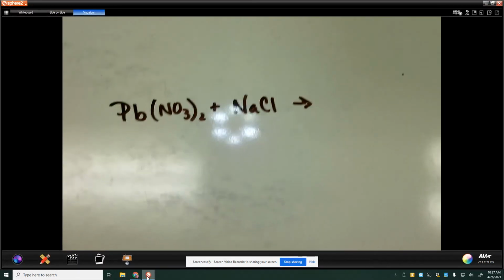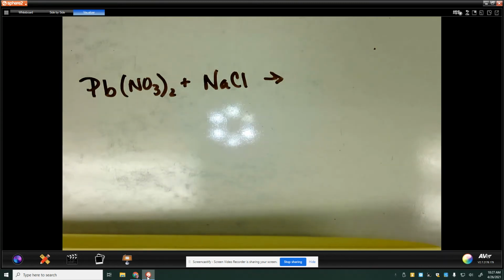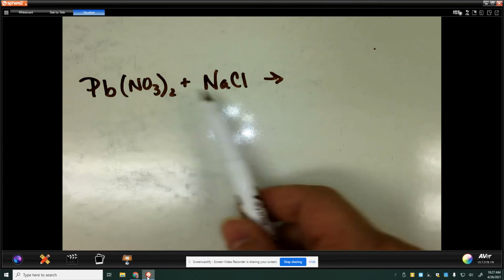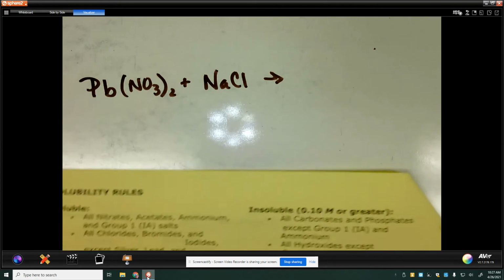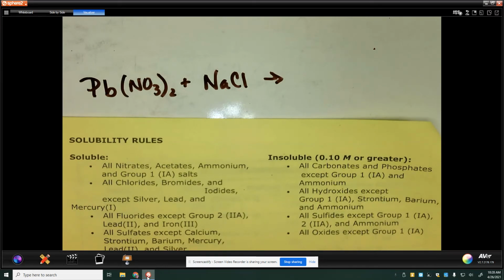Okay, next we're going to look at combining 2 of our skills that we've learned. The first one is predicting the products for a double replacement reaction, and most of these will be double replacement, but we've got 2 compounds here. And then using those solubility rules located in your reference tables to identify a precipitate.